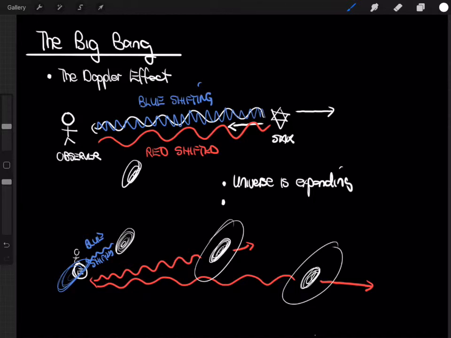The universe is expanding, and the rate of expansion is directly proportional to how far away that galaxy is from us. So the rate is proportional to the distance.